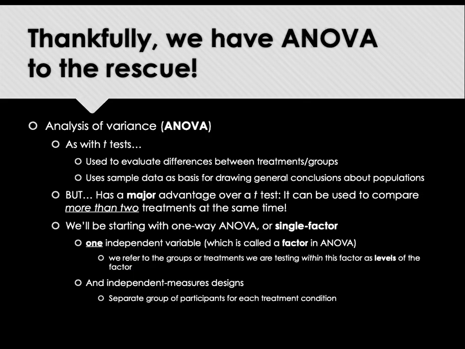So we'd have adolescents, young adult, and older adult, let's say. And so it's possible with ANOVAs to look at more than one independent variable and more than two levels of each independent variable. And that example would be called a two-factor or factorial design.